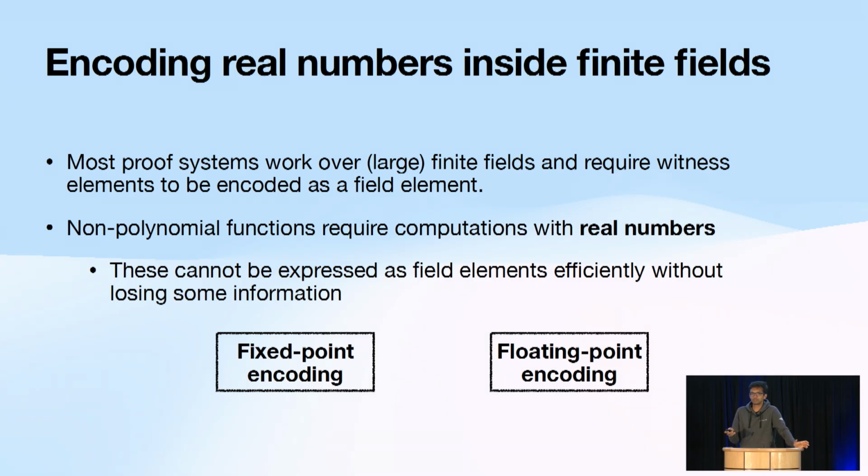There has been a lot of work on floating point encodings for SNARKs and how to prove floating point operations were done correctly, but they still end up being slower than fixed point. And it does turn out that fixed point can achieve as much accuracy, if not more. Feel free to talk to me later about why.